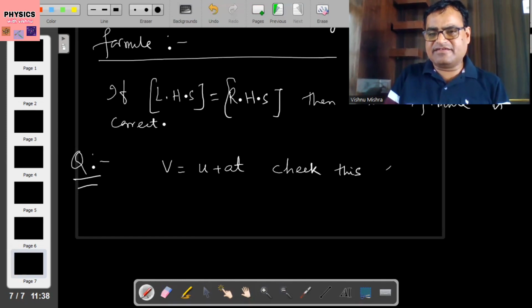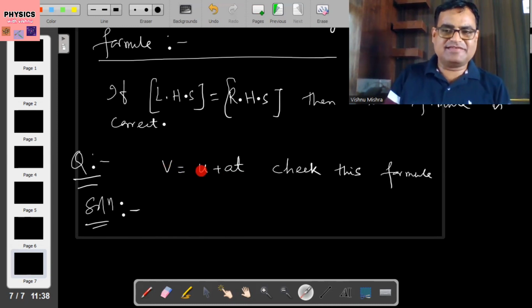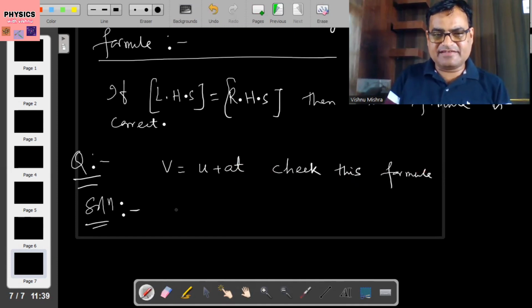The solution of this one: first of all, write down the physical quantities. v is the final velocity, u is the initial velocity, a is the acceleration, t is the time. I am repeating again: v is the final velocity, which means its dimension is the same as velocity. Clear? So we have to check the validity of the formula.